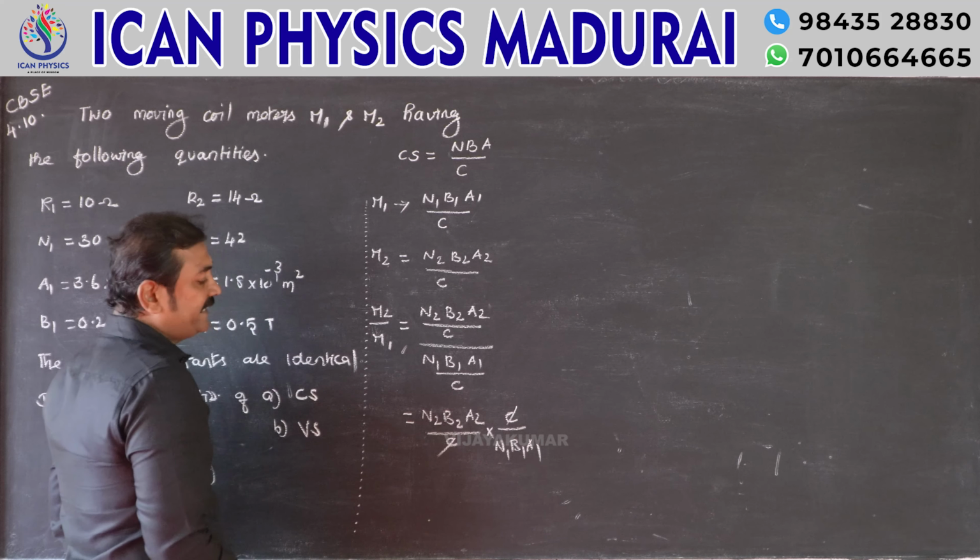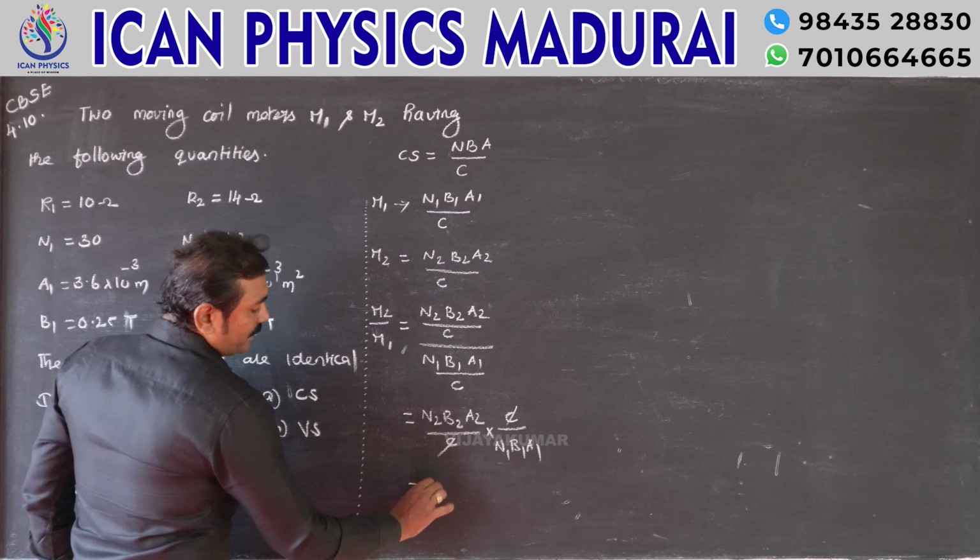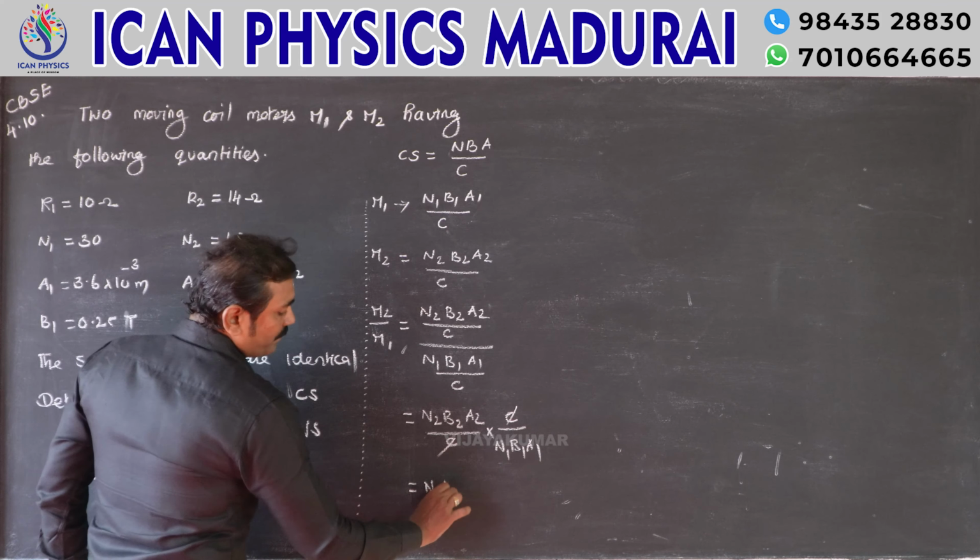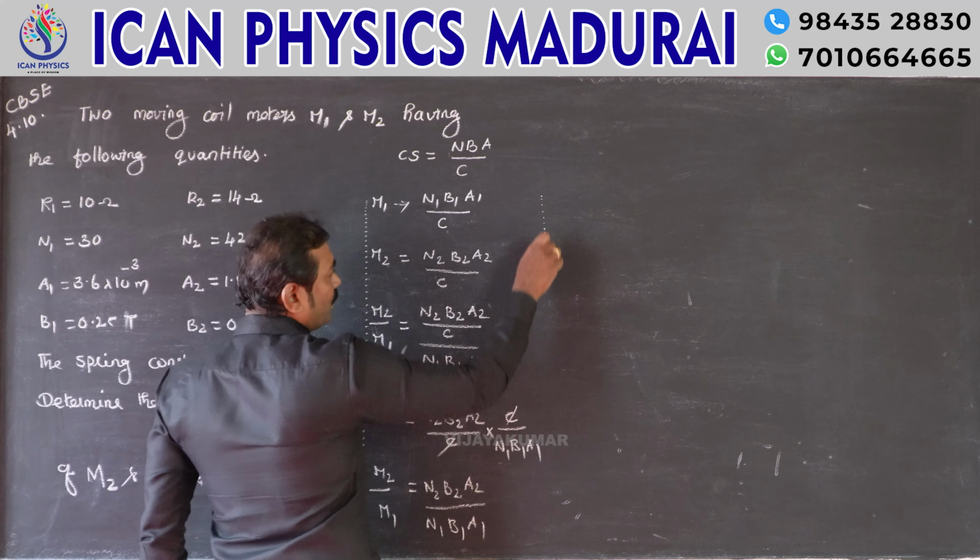Now C and C get cancelled. So N2 B2 A2 divided by N1 B1 A1. That is the ratio of M2 and M1.